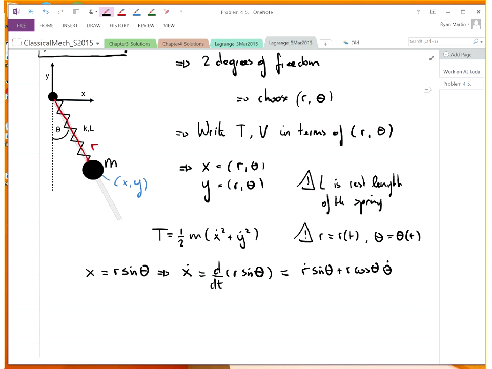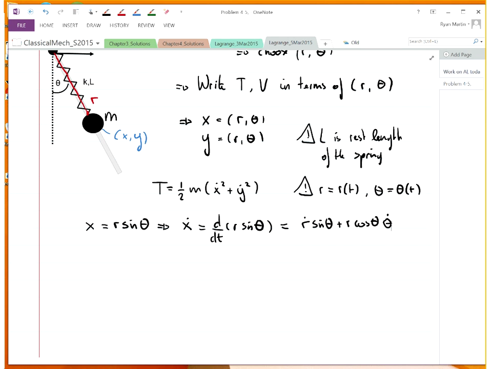That's for x dot. So similarly, you're going to get y dot equals also something plus something. Right, it's just going to be cosines instead of sines and vice versa, and maybe a sign change somewhere.